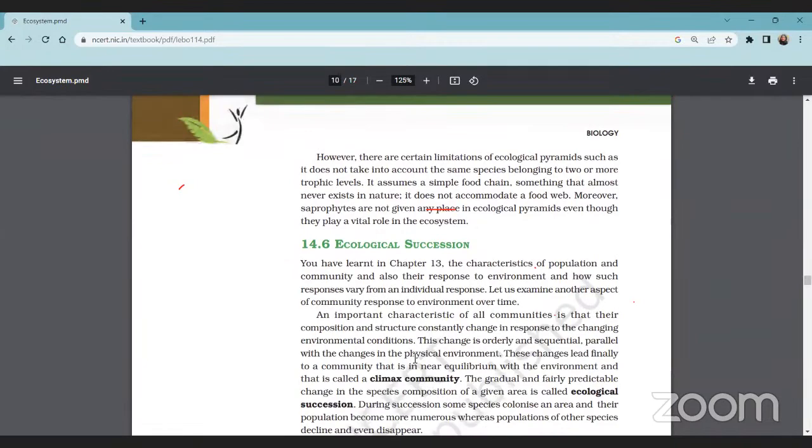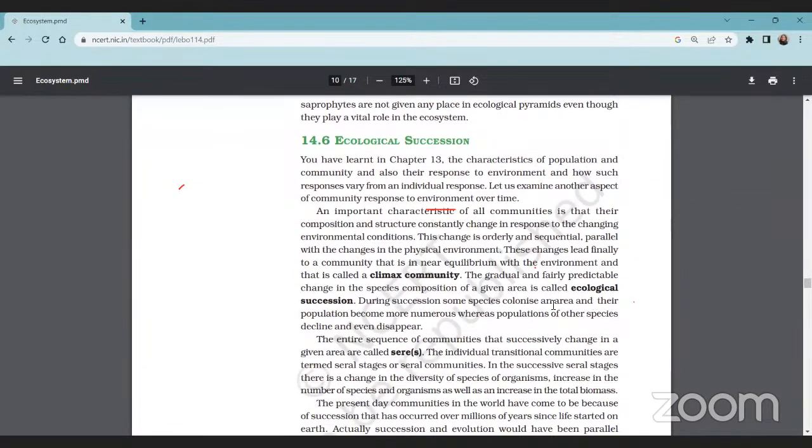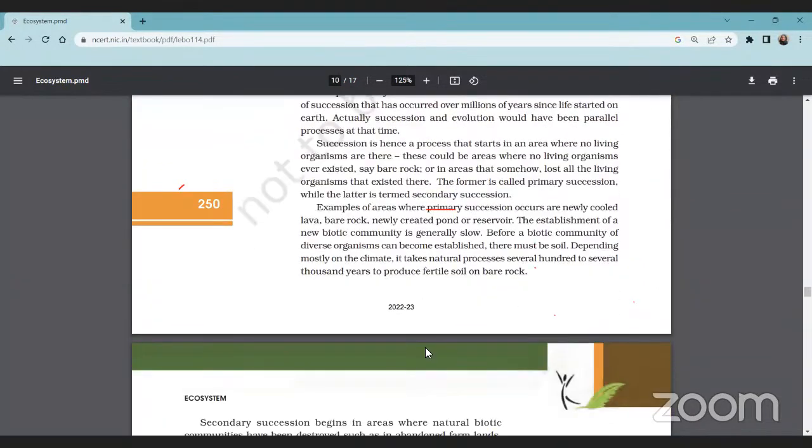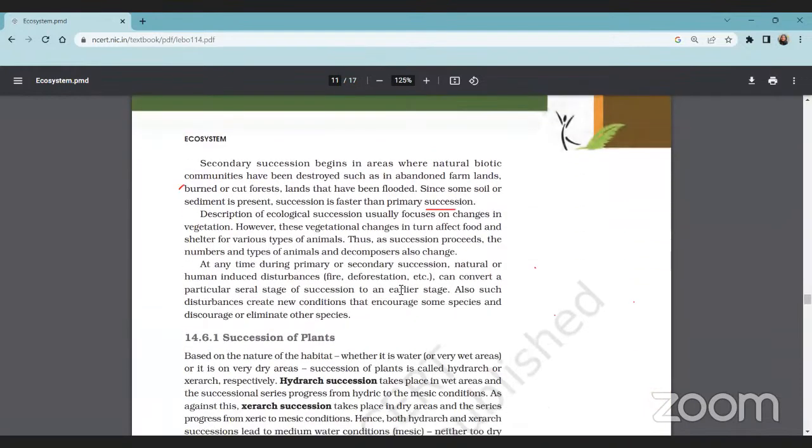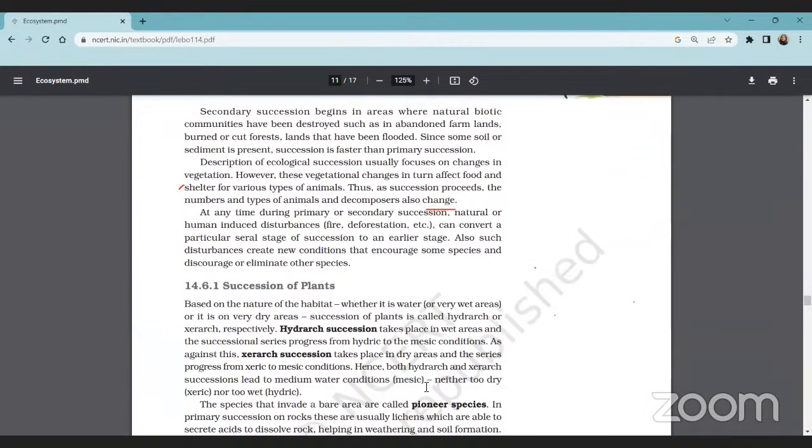In ecological succession, there are primary succession and secondary succession. Primary succession may be hydrarch succession or xerarch succession. Hydrarch means an area which contains water, and xerarch means an area like a desert.